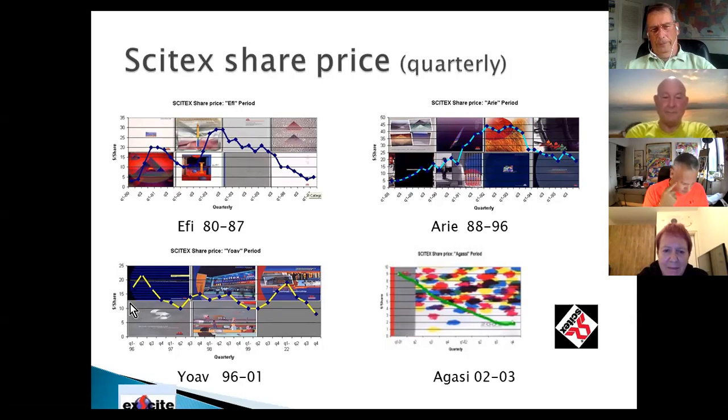Yoav took over and the sales remained more or less constant. And then there was this episode called Agassi, just a manager that was brought from the outside who managed to destroy the company to complete dust particles. And you see what happened to the stock price. And this is where the company was sold to Creo.